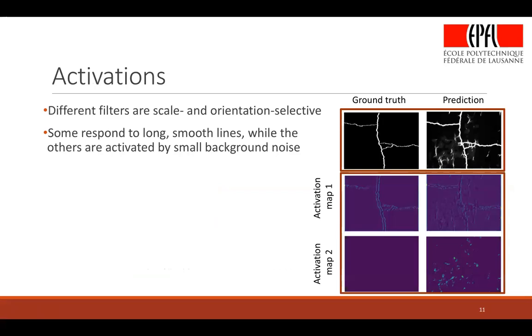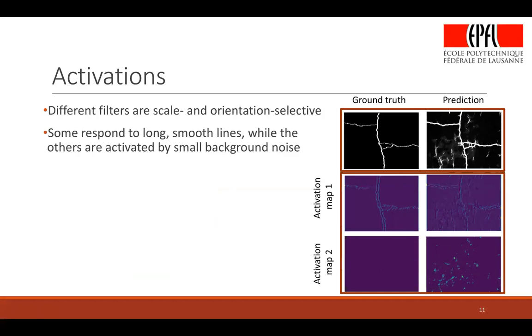The idea of using a pre-trained VGG network to extract the features came from the fact that we thought that if it is trained on a really big ImageNet data set, then at least the lower layers should be able to extract some features such as smoothness of the line or continuity of the line.